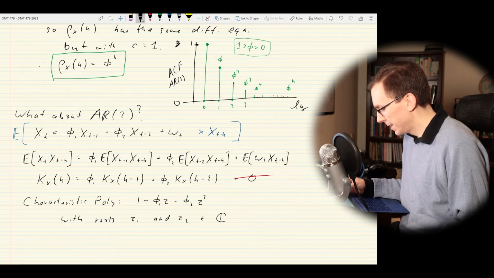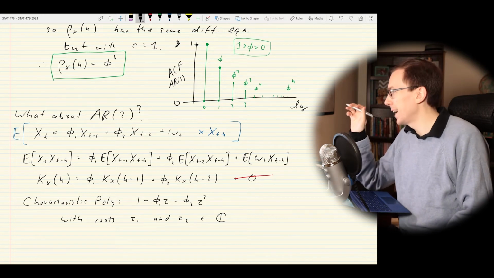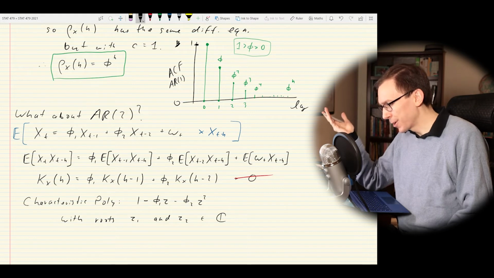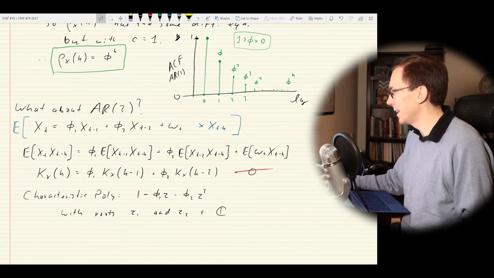They may be complex numbers depending on what phi1 and phi2 are. Phi1 and phi2 are going to be real, but we might have a quadratic that yields a pair of complex solutions.